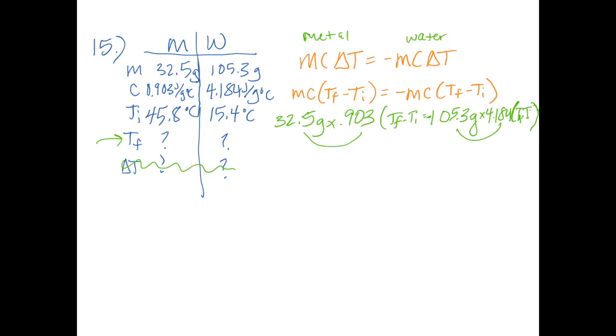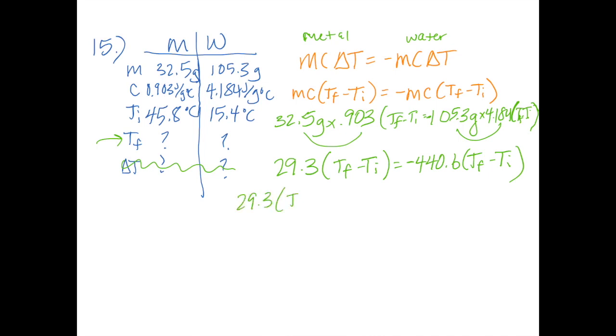I take those two and I get 29.3 (TF minus TI) is equal to, and again, multiply those together and I get negative 440.6 (TF minus TI). We know what TI is. I can just go ahead and plug that in.